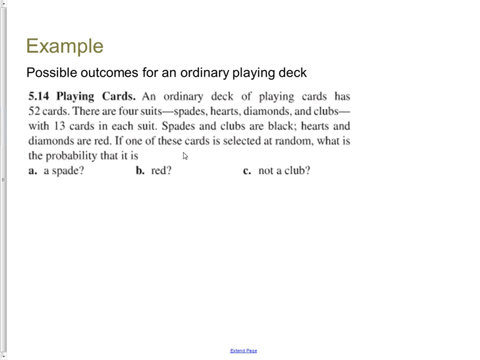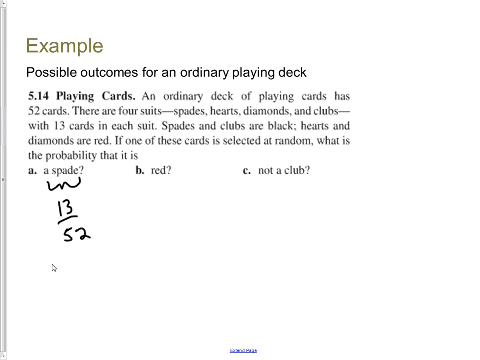If one of these cards is selected at random, what is the probability that it's a spade? Well, let's think about this. The spade is one of the four different suits, and there are 13 cards that would be considered spades. If it's equally likely for us to draw a spade as it is to draw any other card, we would say 13 out of 52.